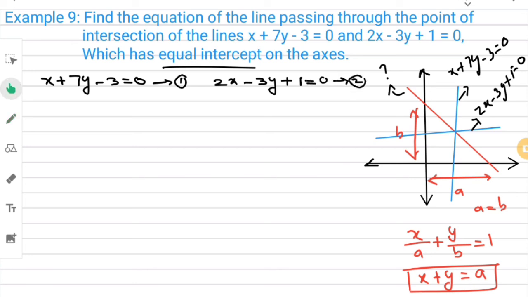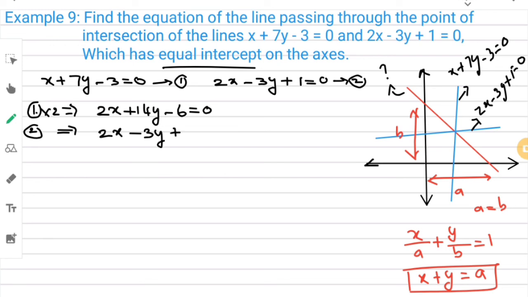I am going to eliminate this x. Here the x coefficient is 2 and here the x coefficient is 1. So I am going to multiply equation 1 with 2. So 2x plus 14y minus 6 is equal to 0, and equation 2 as it is, 2x minus 3y plus 1 is equal to 0.